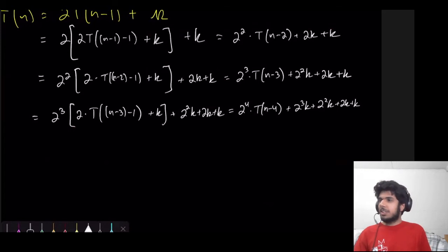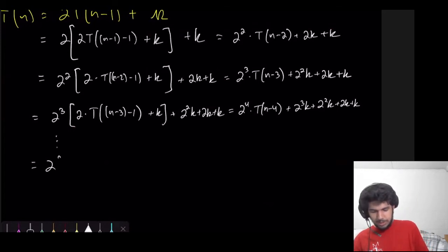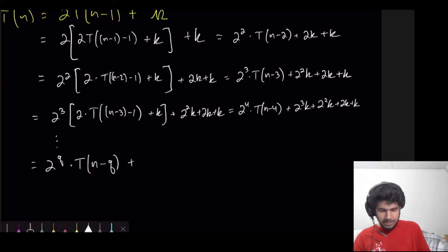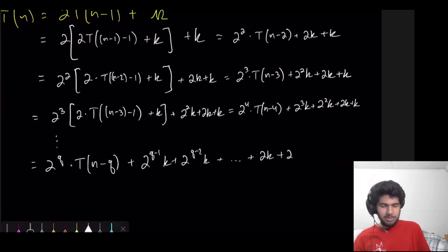And then hopefully you're starting to see the pattern now. So eventually we'll reach down to 2 to the q times T(n-q) plus 2 to the q-1 k plus 2 to the q-2 k plus all the way down to 2k plus k, right?